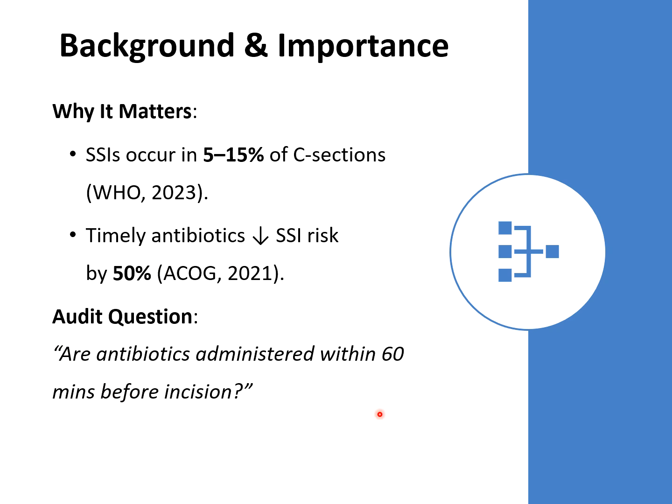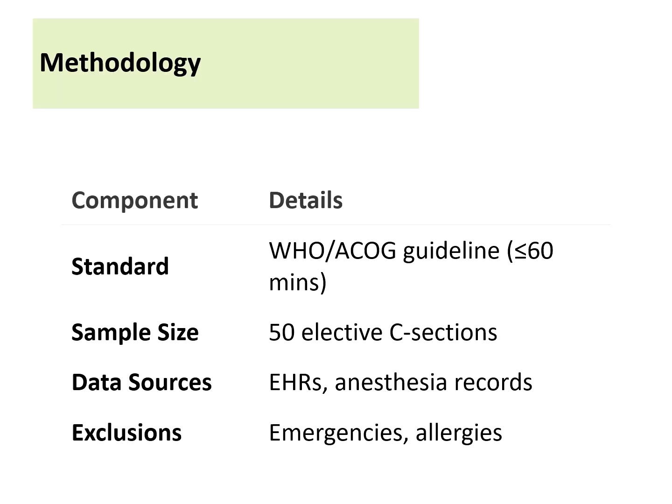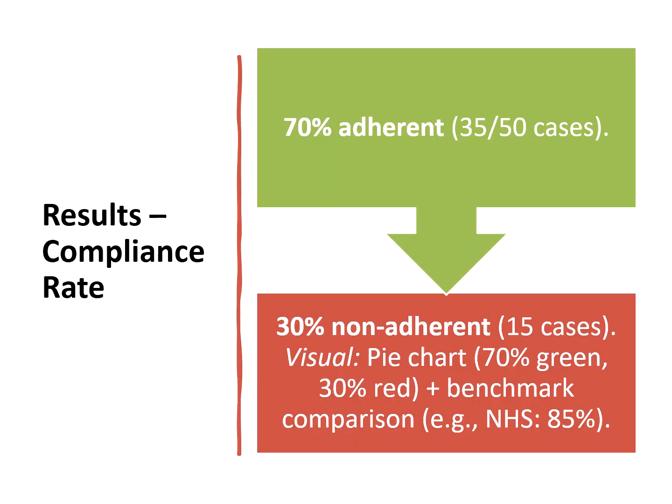So the audit question, you write after the background: are antibiotics administered within 60 minutes before incision or not? Based on this question, you make your methodology: the standards, sample size, data sources, exclusions, and then you document the results, 70% adherence and 30% non-adherent.